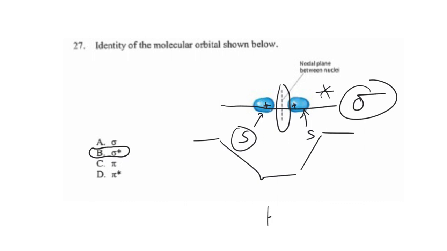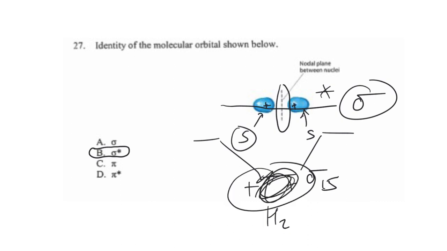So hydrogen, H2, has the sigma 1s bonding orbital, and that orbital would look something like this, where the electrons are most probably located between the nuclei, so the greatest shading would be in the center, less shading outward. And so that would be the sigma 1s bonding orbital, and then this might be the sigma 1s star antibonding orbital. This could also maybe represent the sigma 2s star antibonding orbital for things like lithium-2, beryllium-2, getting into the second row as well.